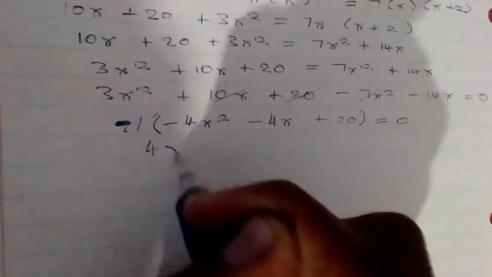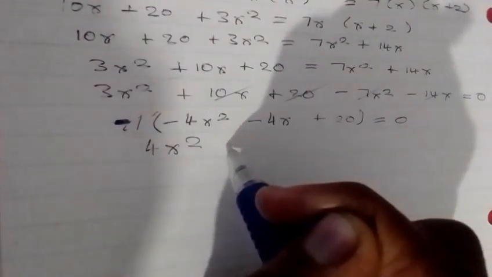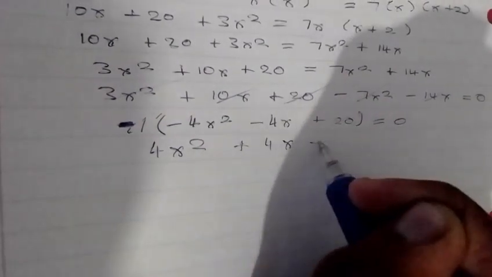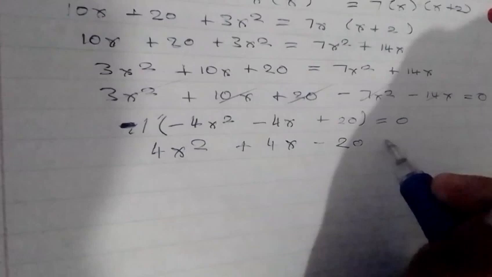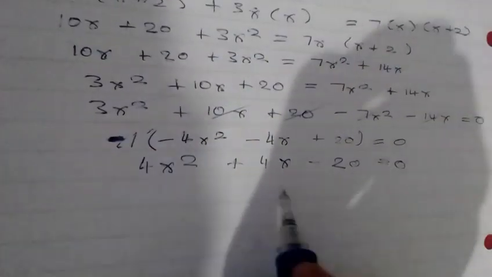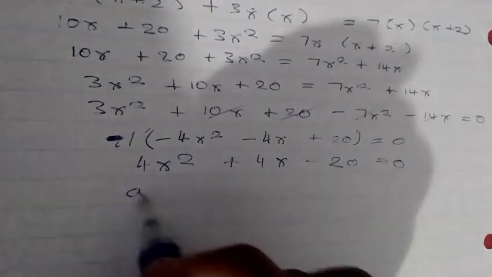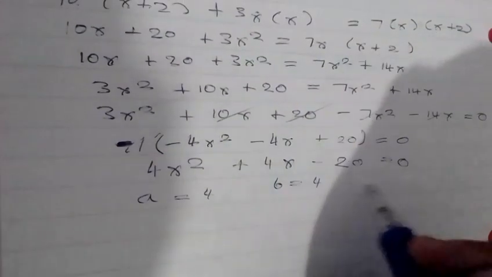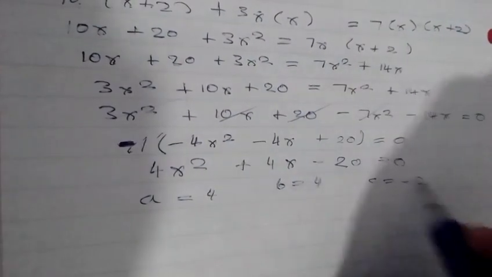So it's 4x squared plus 4x minus 20 equals 0. From there, our A value is 4. Our B value is 4. Our C value is negative 20.